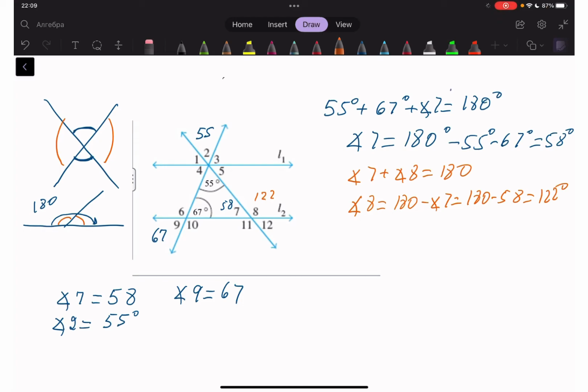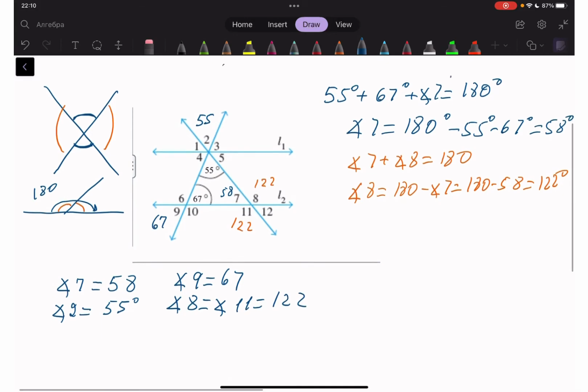Okay, next we can say that angle 8 is equal angle 11, correct? All right. So if 8 is 122, that means 11 also 122. Let me write down angle 8 is 122 and equal angle 11 and is equal 122. Okay.